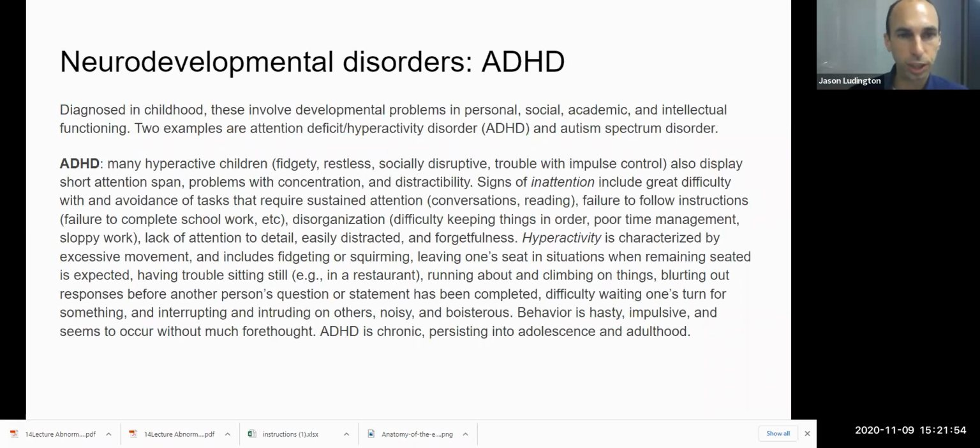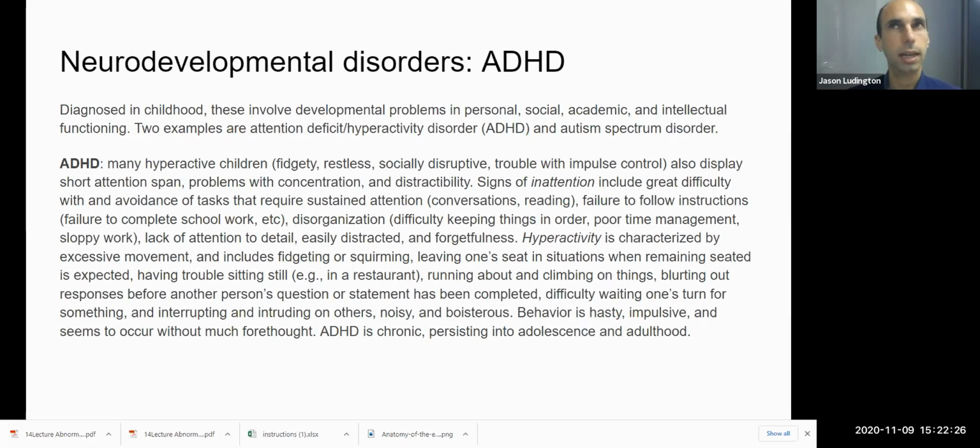Many hyperactive children are fidgety, restless, socially disruptive, with trouble with impulse control. They also display a short attention span. So their hyperactive symptoms may be a product of or a cause of their attention spans being short. They have problems with concentration and distractibility.